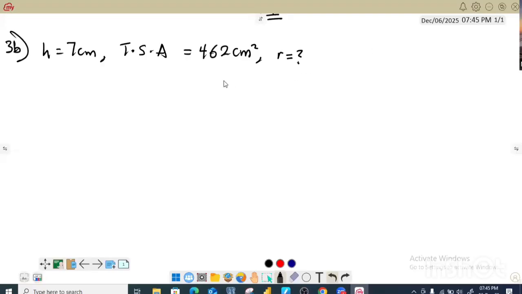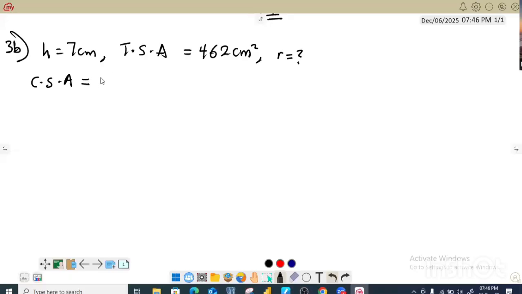Now, let me quickly explain something to you about a cylinder. When we have a cylinder, if both ends are open, like in the case of a water pipe, we have a curved surface area. Curved surface area simply means length times breadth, because our cylinder is carved out from a rectangle.